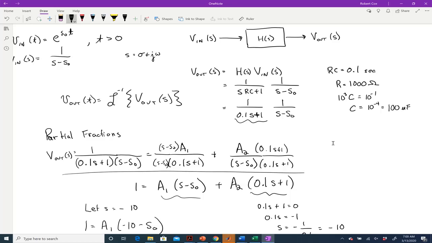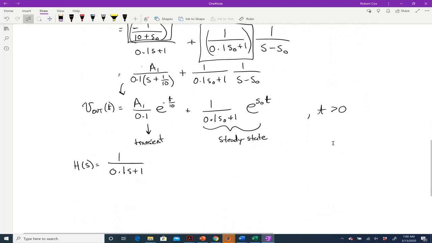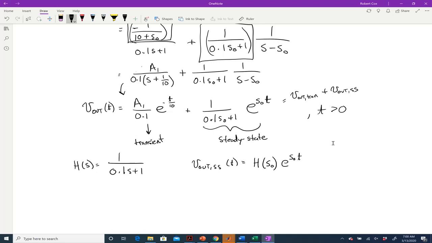If I remember that, I can think of this guy here as V out transient, so the decaying exponential is the transient, plus V out steady state. Okay, so V out steady state looks like it is equal to the transfer function evaluated at s naught times e to the s naught t.